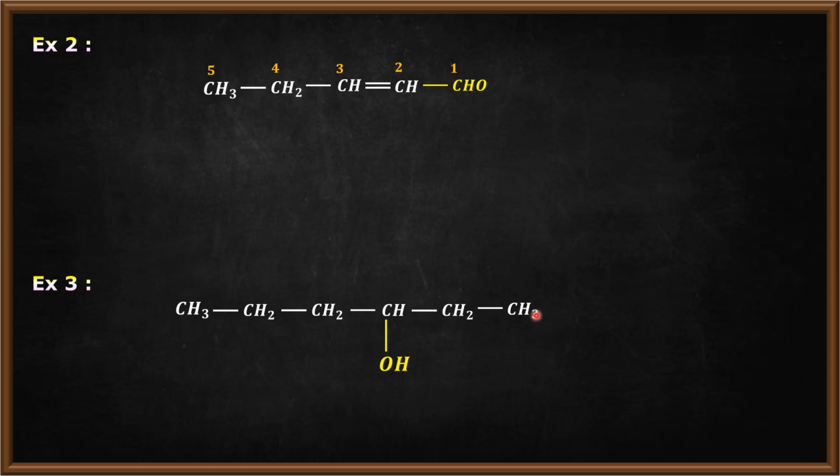So while numbering this carbon chain, we have to number it from right to left so that the carbon atom attached to the functional group OH should get the lowest possible number. 1, 2, 3, 4, 5, 6. Okay. Only for a chain terminating functional group, the carbon atom must get serial number 1 while numbering the carbon chain.